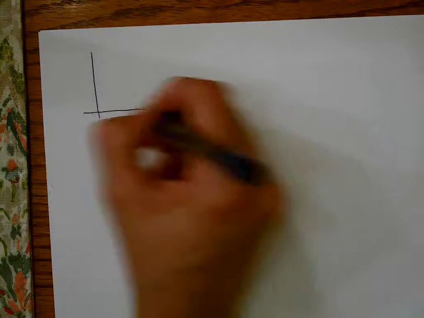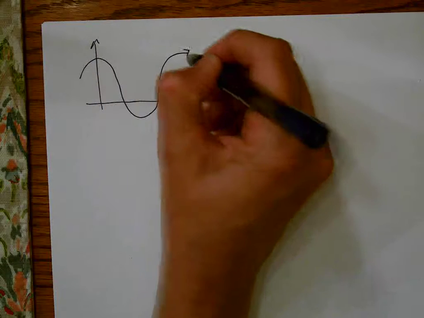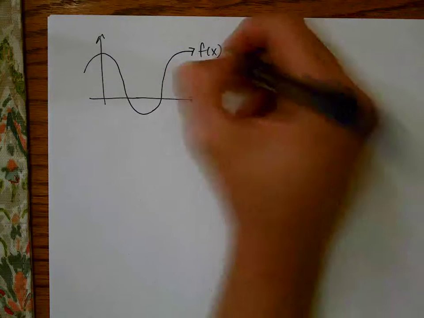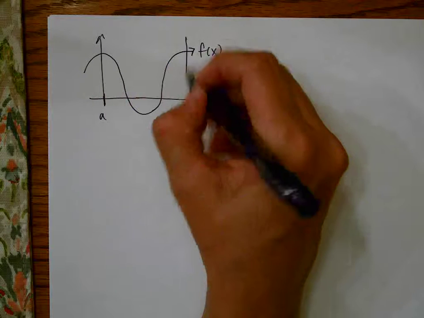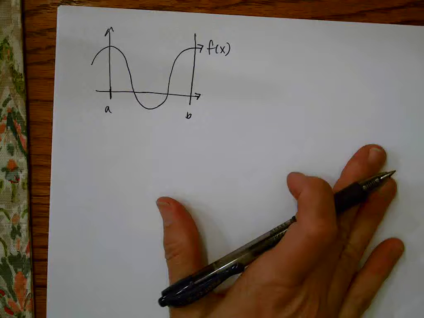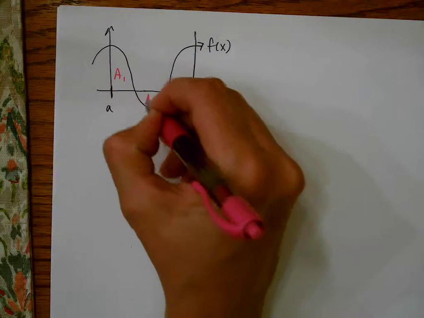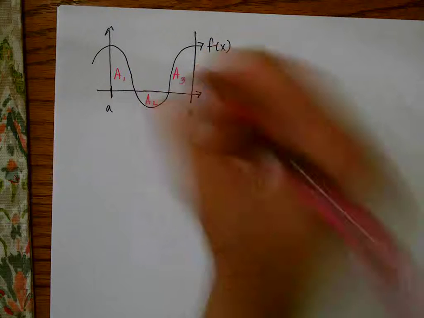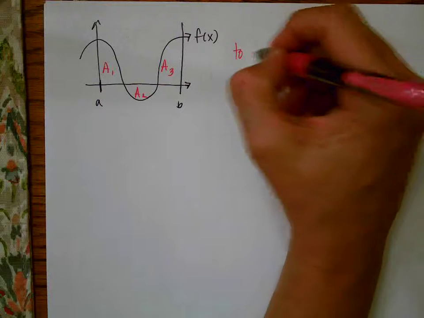Okay? Let me go to another page. So let's say I have this handy dandy graph, and here is going to be my random function f of x, and I'm going to call this endpoint A, and I'm going to integrate to B. And so I'm looking at these different areas. This might be area 1, this might be area 2, and area 3.